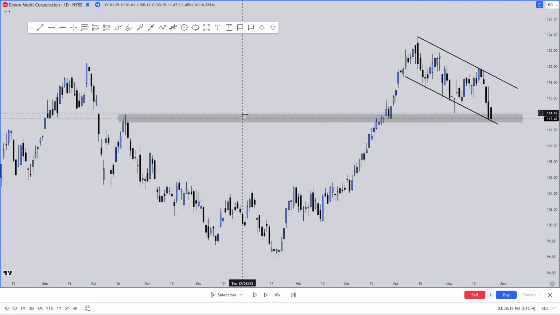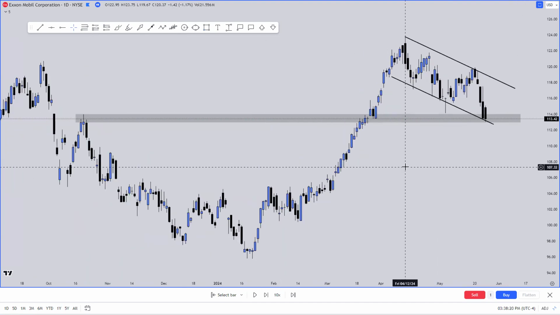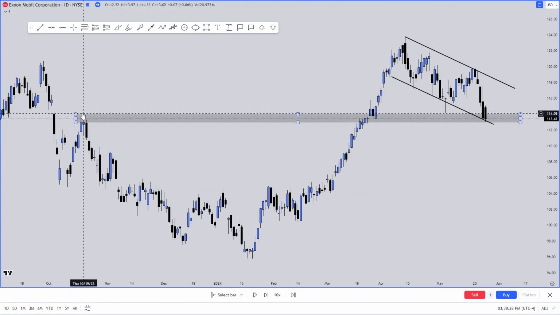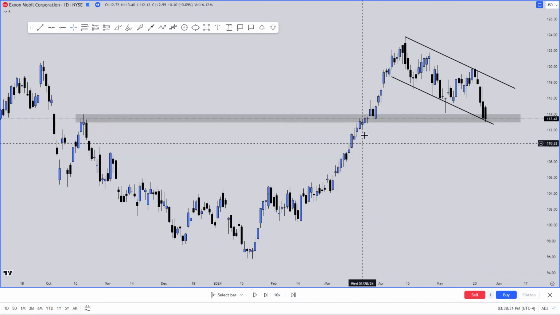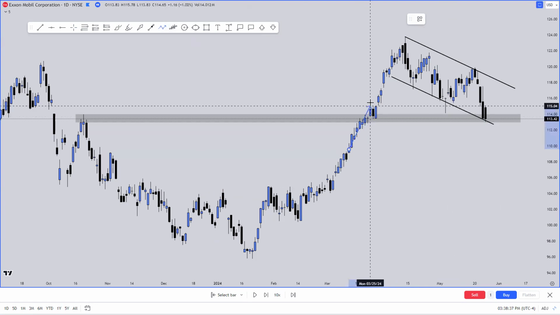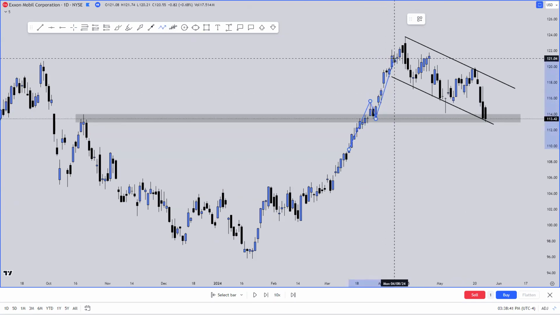All right, so this level would act as demand, and this is based on a concept called break and retest. The idea is that this level here was previously resistance. Once the price broke above it, came back down, we tested the level and held it and went higher.